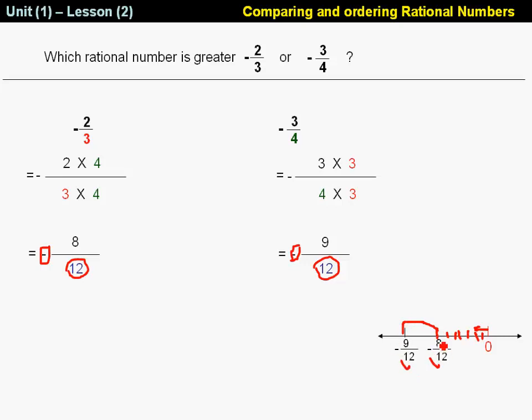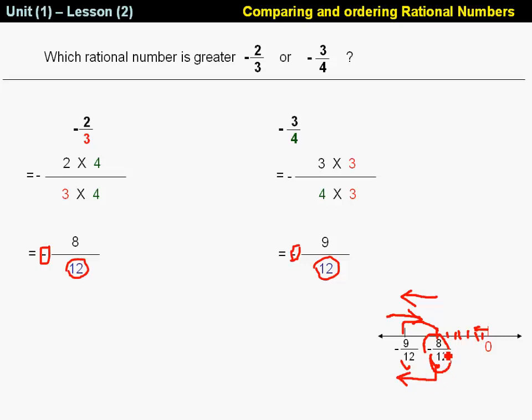Which is bigger? I told you if we start from the left, we start from the lowest or the smallest number, and numbers become bigger when we go to the right direction. Or when we go from right to left, the numbers become smaller. If we stand here and go to the left, the numbers will become smaller.